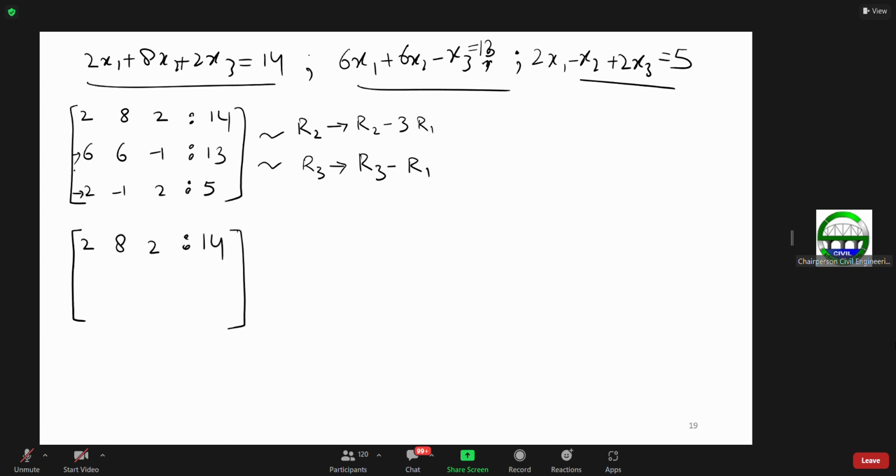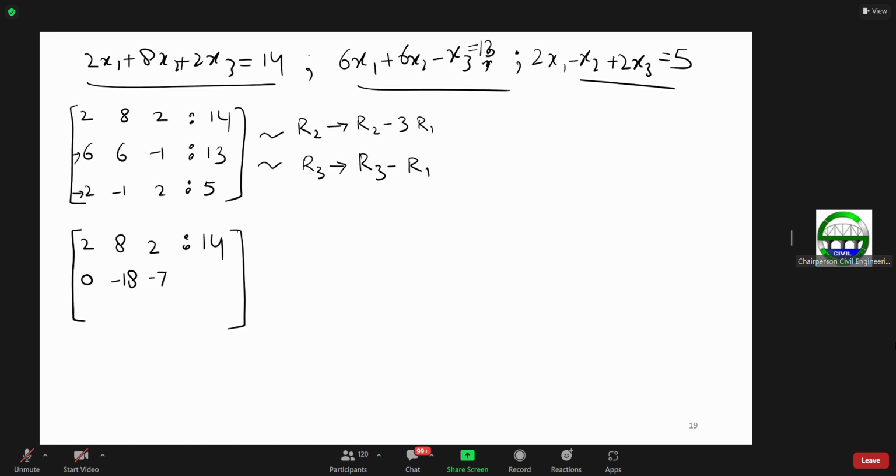Then it will be 0, and then 14 minus 18, which is minus 4, and then minus 3 plus 2, which equals minus 7.